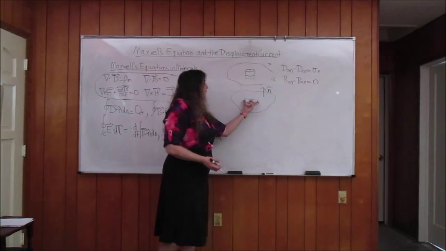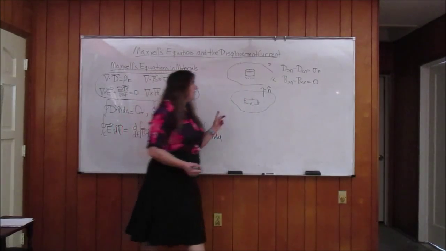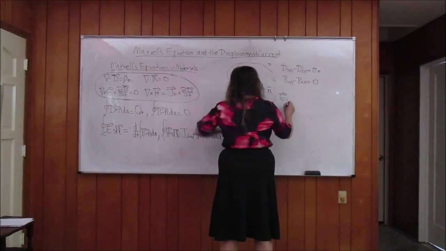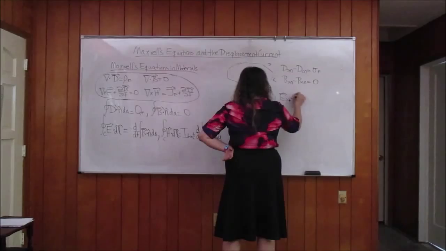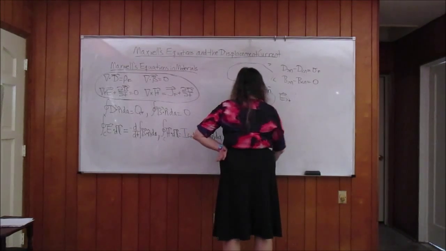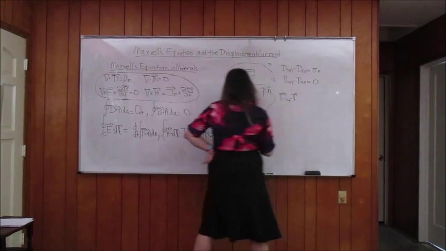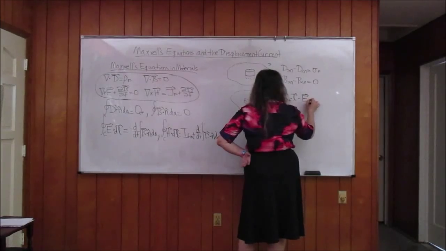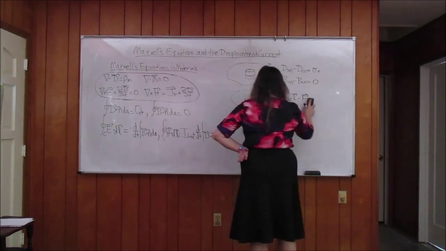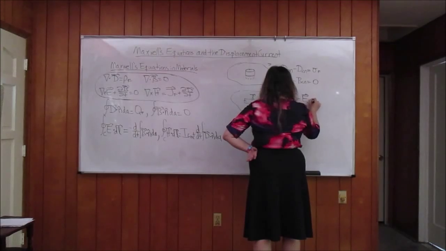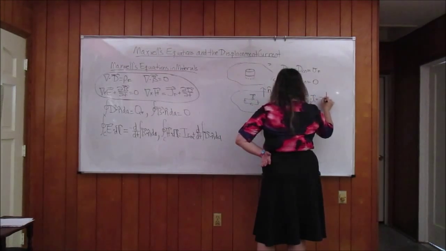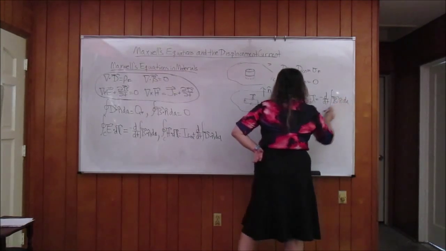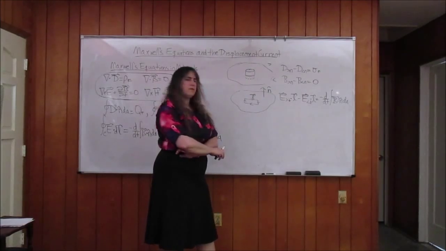If I make it very, very narrow, the left and the right-hand sides will contribute nothing, and I'll be left with, on the left-hand side, E tangential component dot L, where L is the length of the Amperian loop, minus the time derivative of the magnetic flux through that loop.